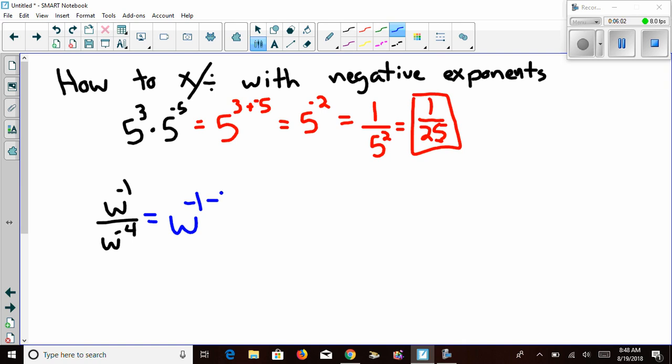So negative 1 minus negative 4, I apologize. When I look at this, I have minus a negative, which if you recall, makes it positive. So I'm solving negative 1 plus 4. When I simplify, it's W to the third power.